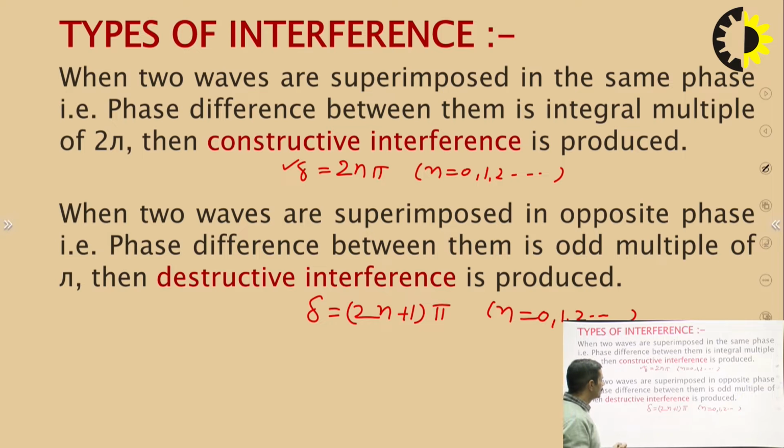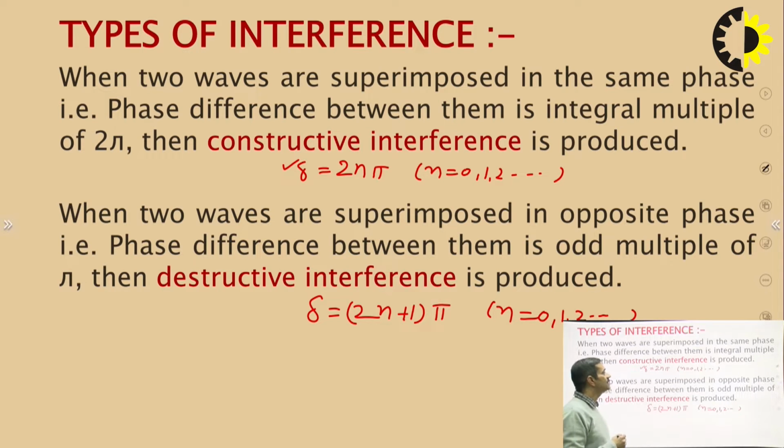So the minimum value of the phase difference is pi, and other values are 3 pi, 5 pi and 7 pi. That means an odd multiple of pi. At those points interference will be of destructive type, that means intensity will be minimum.